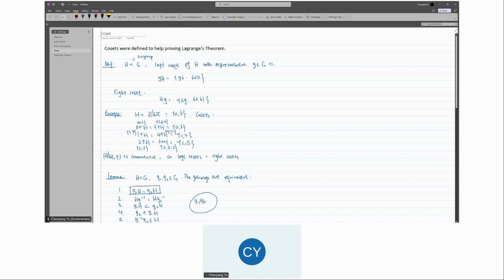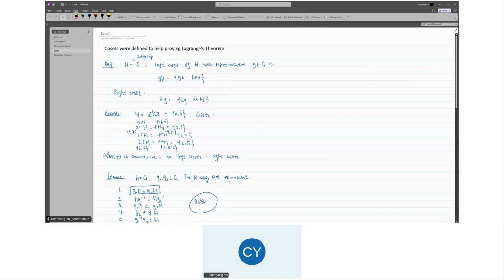Definition, left coset: gH, g times capital H. This is the left coset with representative g, and this set contains every element of the form g times h, where h is any element from the subgroup H, a subgroup of G. You just multiply g on the left to every element in H. That's pretty much what it is.